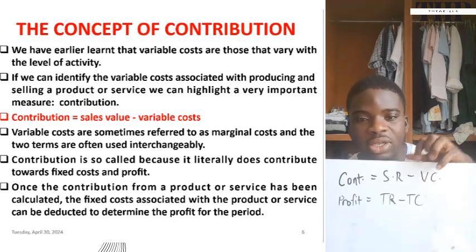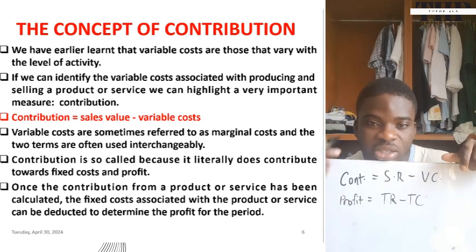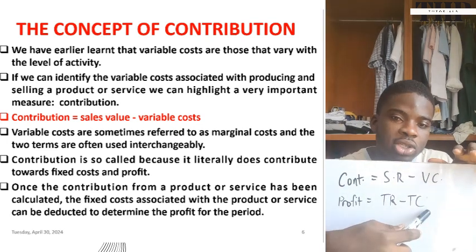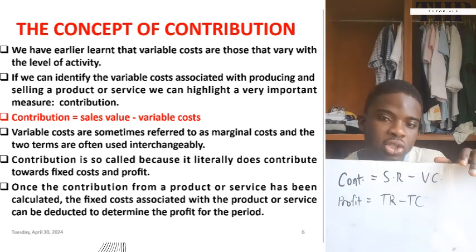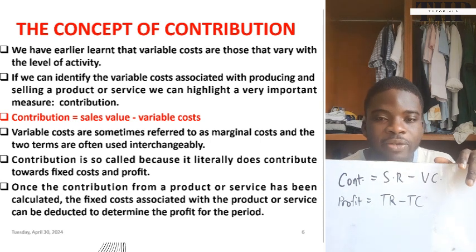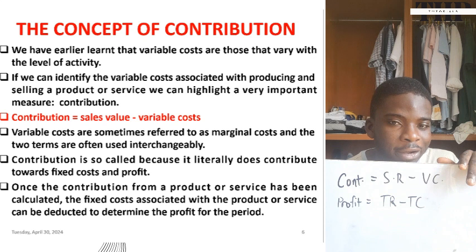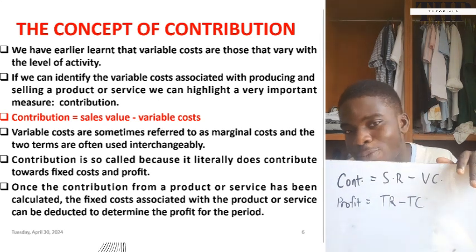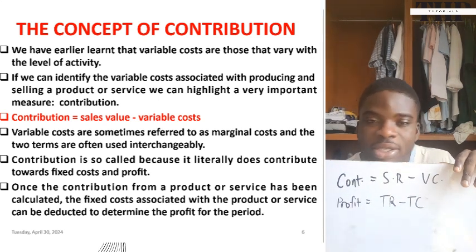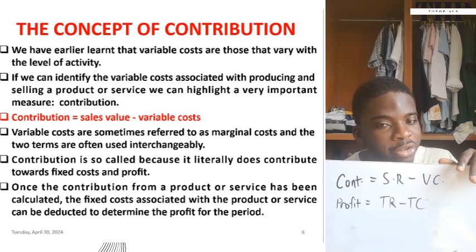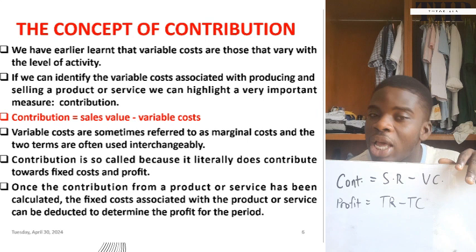Why does this make sense? Total revenue is the same as your sales revenue. You know that total cost is made up of two things: variable cost and fixed cost. So if we only subtract our variable cost, the portion of money left will be made up of a portion of our fixed cost and our profits.